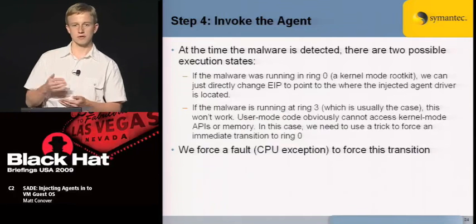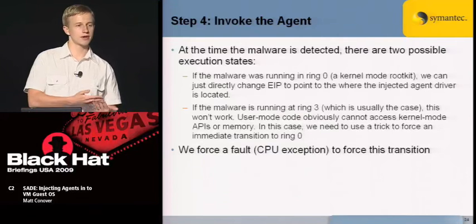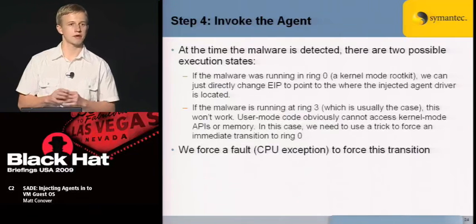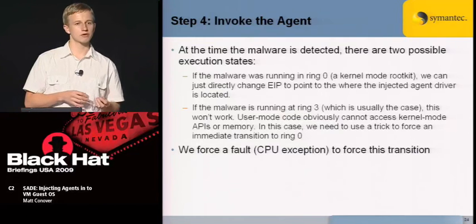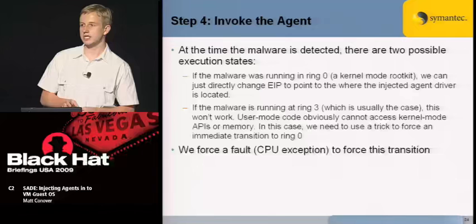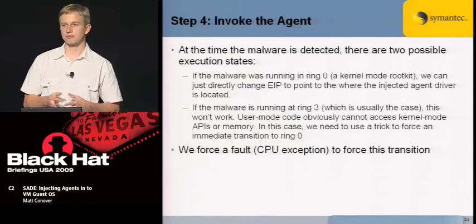So in general, our antivirus signatures are scanning the memory pages. They don't care, it wouldn't matter if that page was a user mode page or a kernel mode page. It just matters that it matches some antivirus signature. So we may have the malware which is running at ring 0, or we may have the malware which is running at ring 3. Now, obviously, in most cases, this is going to be ring 3 because most malware is user mode programs.